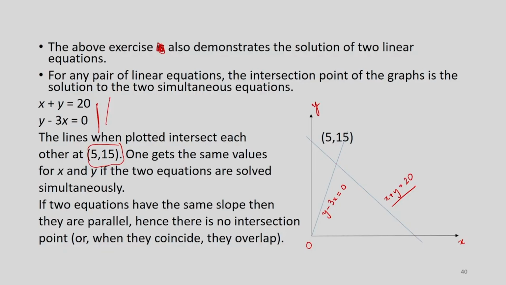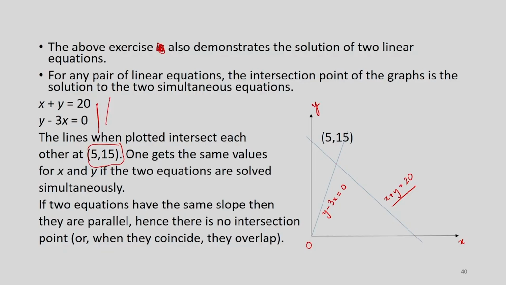In this case these two equations did not have the same slope, and they intersected. If two equations do not have the same slope, they will have to intersect at some point. Here it is intersecting in the first quadrant, but it is not necessary that any two arbitrary linear equations will intersect only in the first quadrant, but they will intersect at some point.